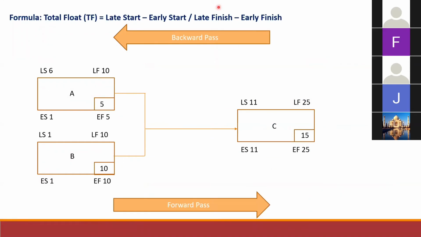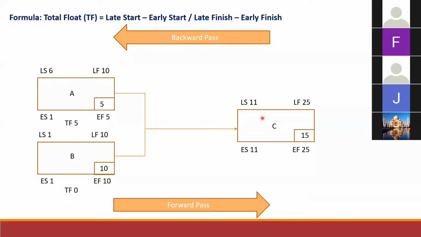Now by using the formula, late start minus early start or late finish minus early finish, the total float for activity A here is 10 minus 5, which gives a total float equal to 5. For activity B, 10 minus 10, you get a total float equal to 0.